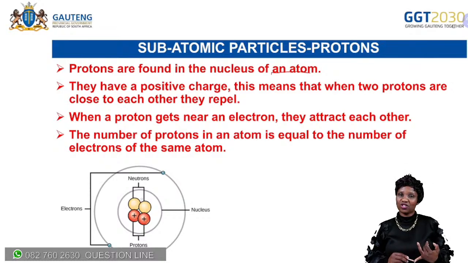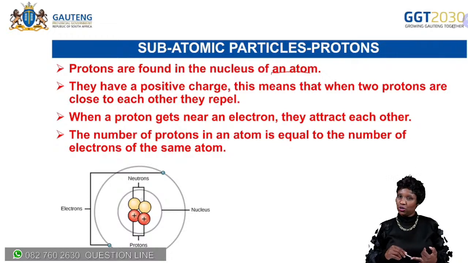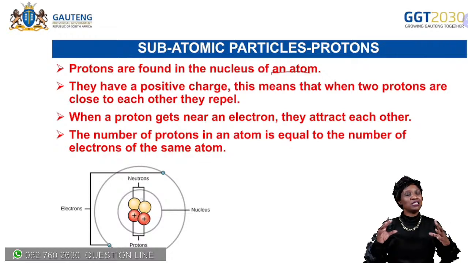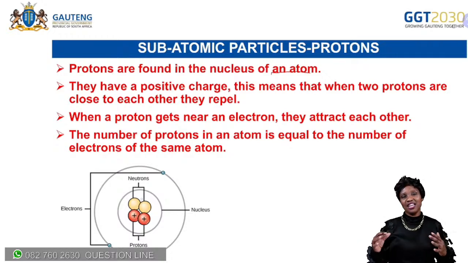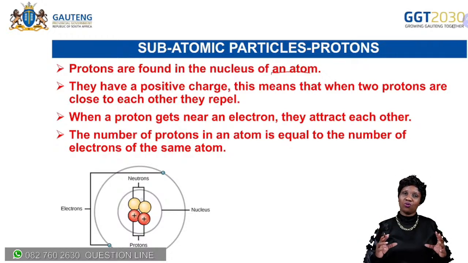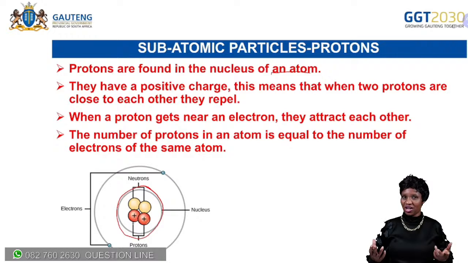In the nucleus, we've got the neutral neutrons and protons, which are positively charged. And then we've got different energy levels, right? The first energy level holds 2 electrons. That is the first energy level, or we can say it is the first shell. Do you get it? And then the second energy level, this is the second shell.